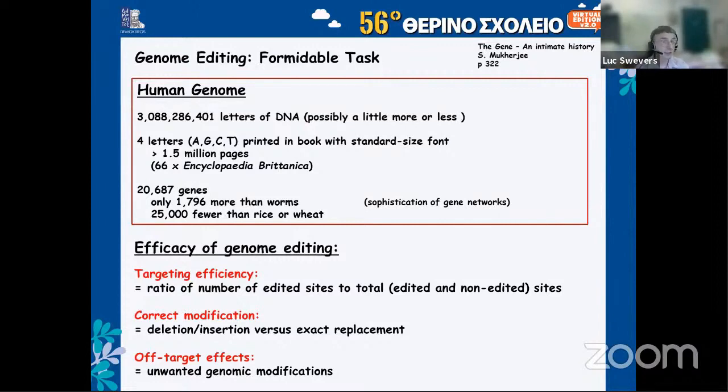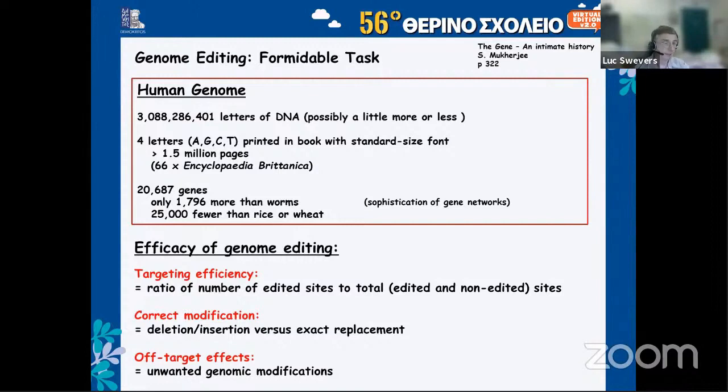And if you then think that maybe just one change in a nucleotide can result in genetic disease, you can have a feeling how difficult it is to accomplish the task of human genome editing.